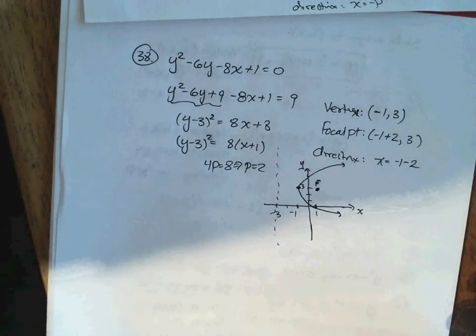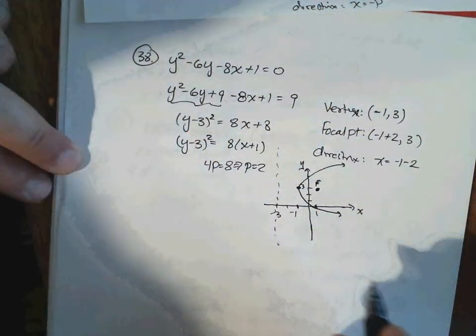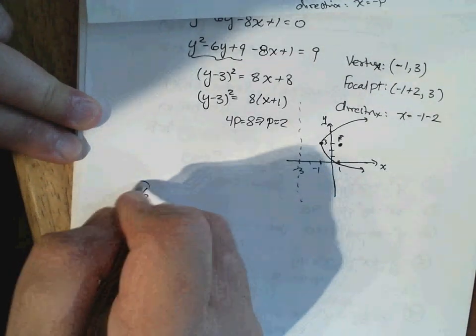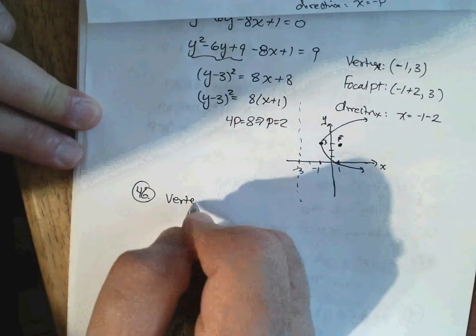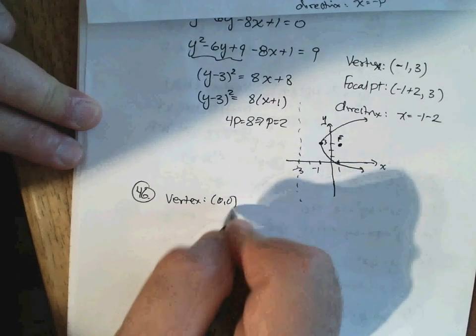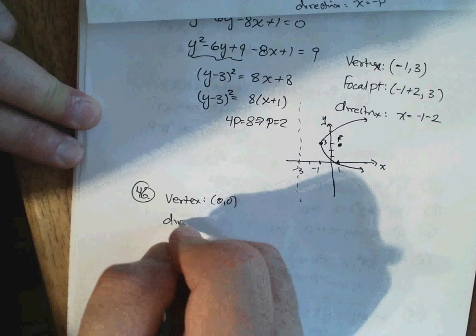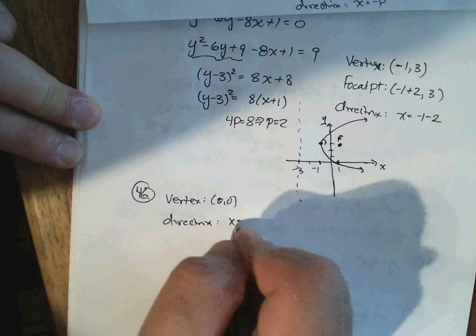Okay. All right, now let's try a couple of problems where they give you information about the parabola and ask you to create the parabola. Let's try problem number 46. The vertex is 0, 0, so that means there's no h and k value to worry about.